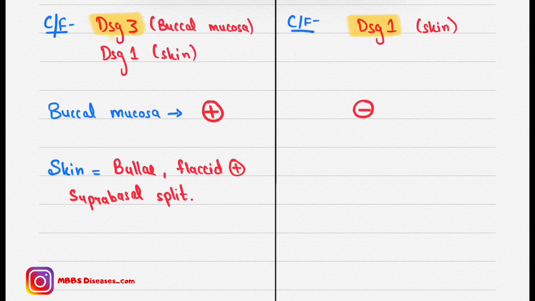Now coming to the foliaceus part. There is no buccal mucosa involvement, and we have flaccid bullae with a subcorneal split.